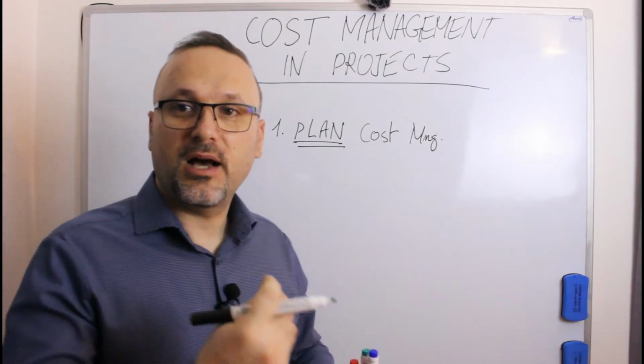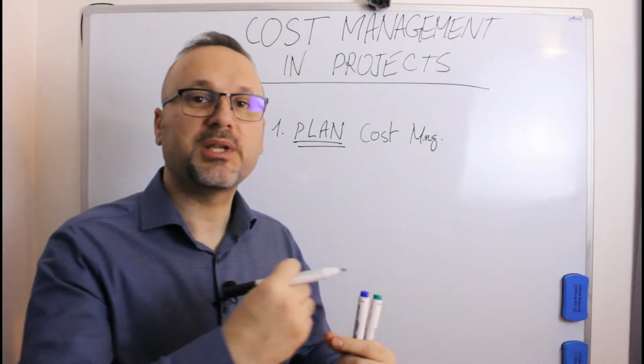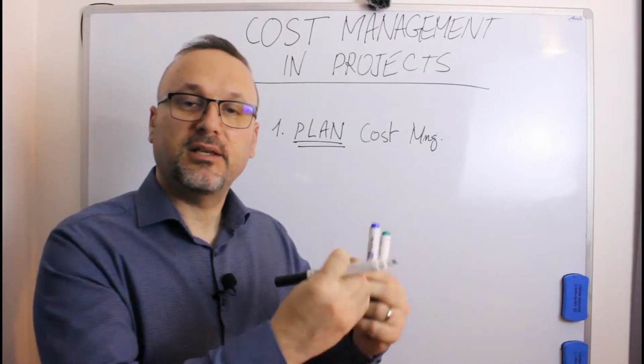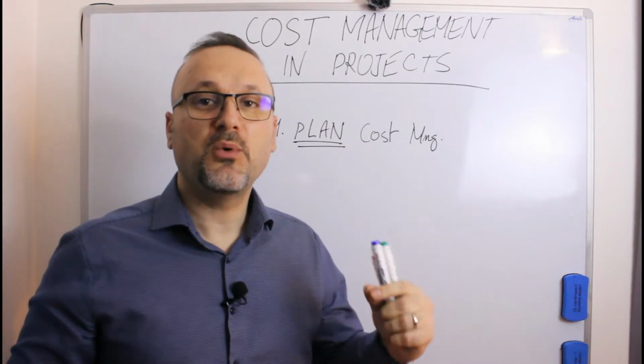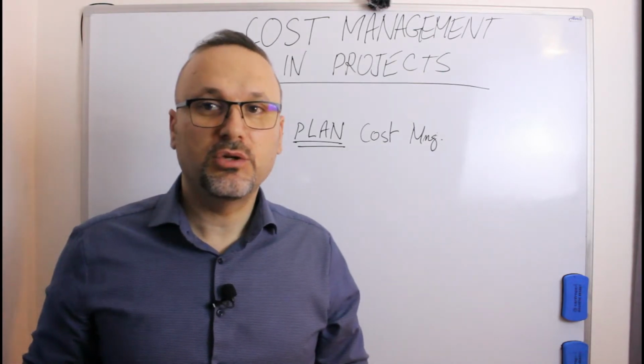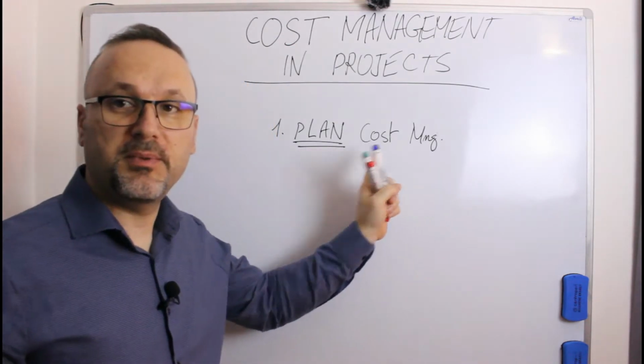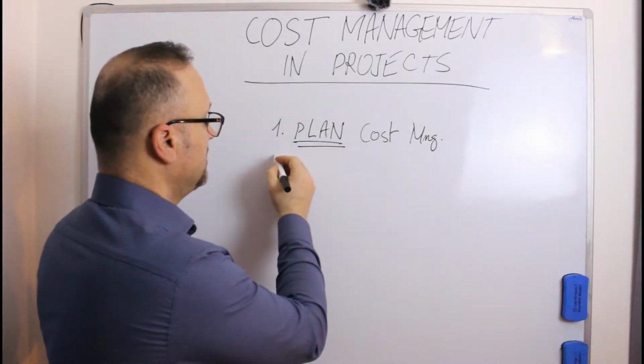Plan means I'm going to put this amount of money, I will do it in this way, I will report it in that way, and explain the way how you plan to control your cost and manage your full project cost. This is simply the meaning of plan cost management.